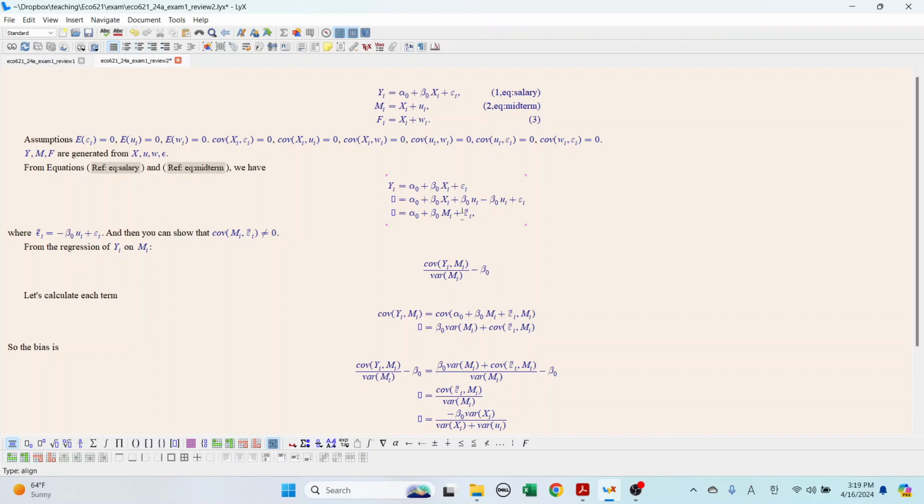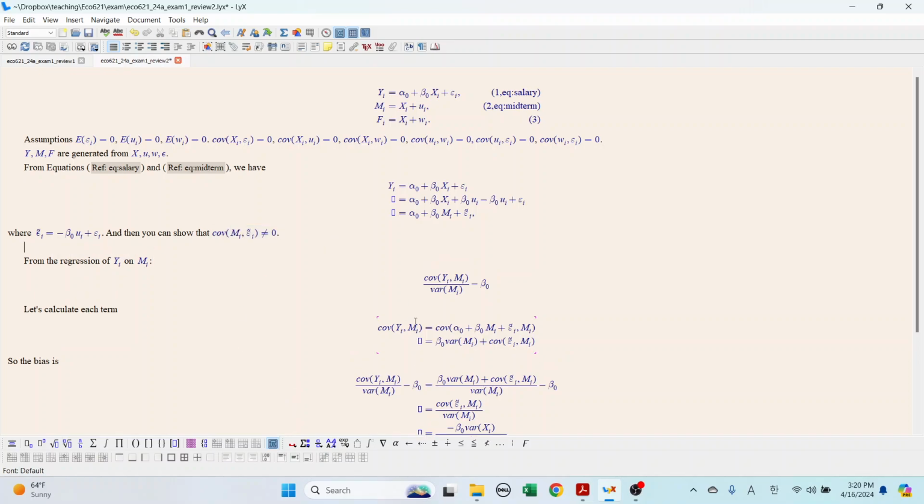Okay, as a result, I have a new error term, epsilon tilde, which is this much. What is interesting here is, in this setup, beta 0 is beta tilde, but the problem is endogeneity, right? This is one possible approach.